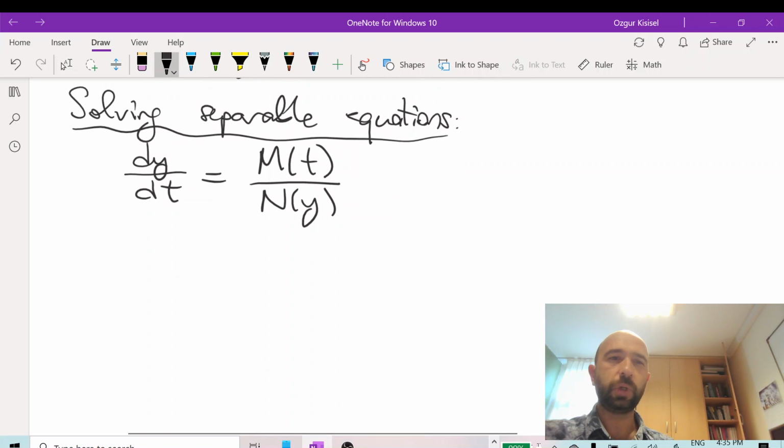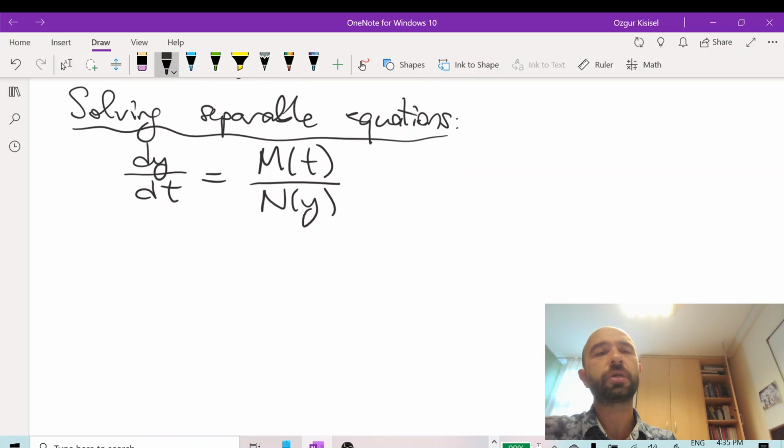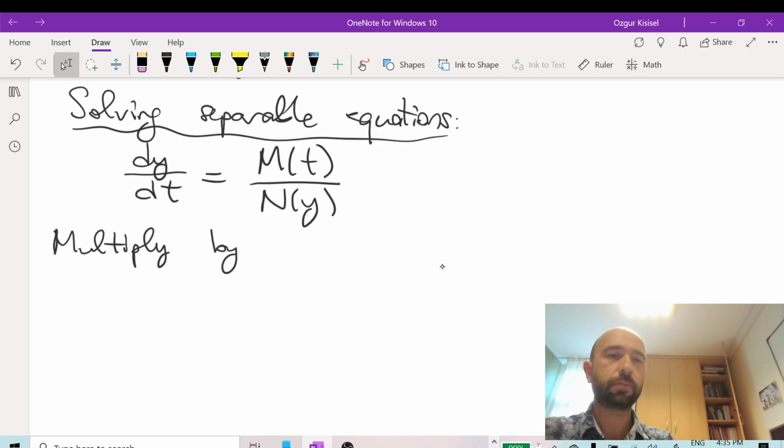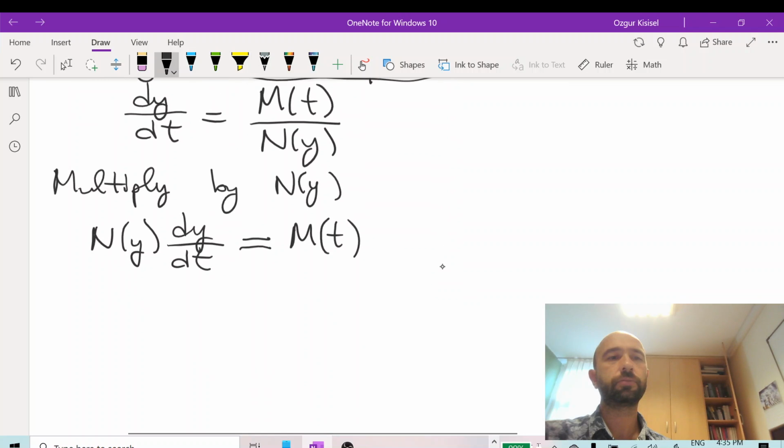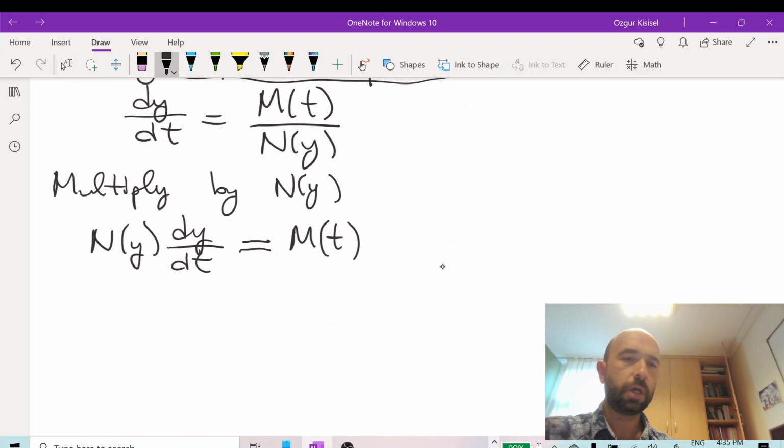What we do is multiply both sides of this equation by n(y). And that brings us here. n(y) times dy/dt equals m(t). Okay, so far so good. Now, integrate both sides with respect to t.